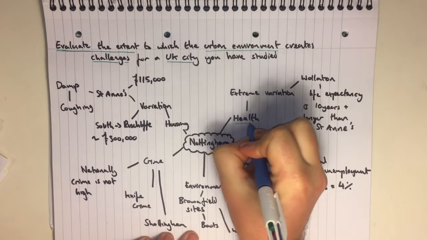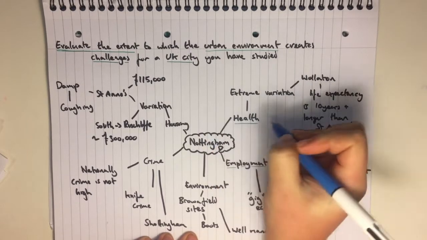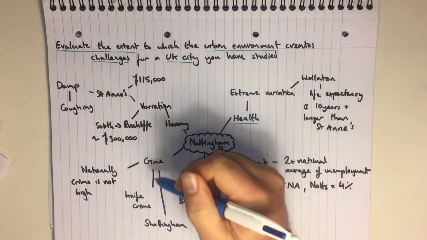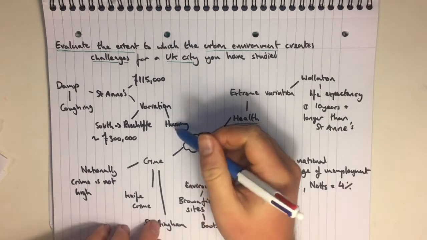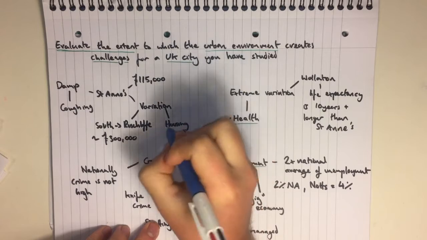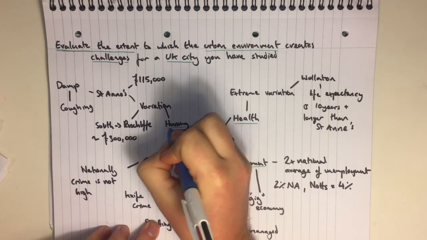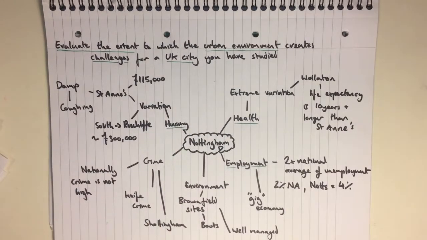I would look at health and the health issues that are existing in Nottingham as well. And then I'd leave it up to you. But I think housing's very interesting, or crime. But maybe I'd look at housing because I know slightly more about that kind of information.